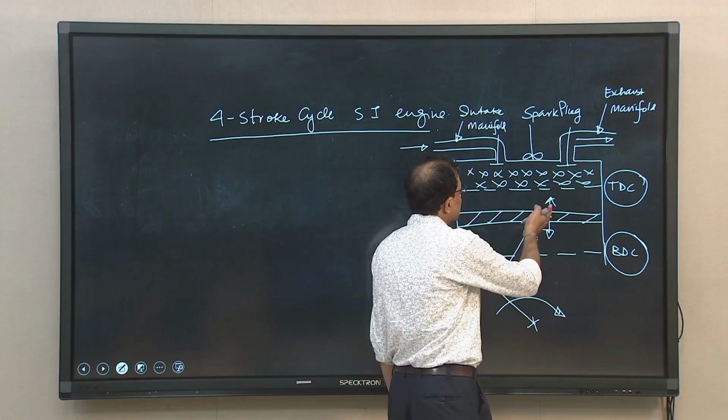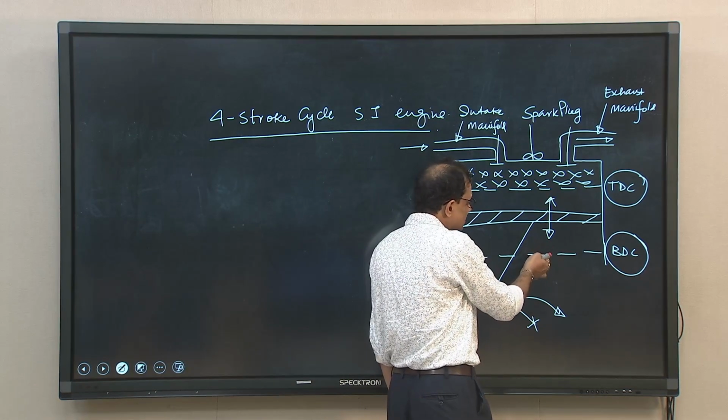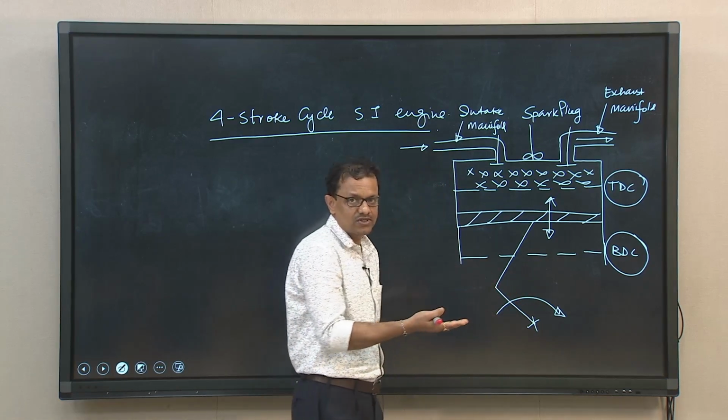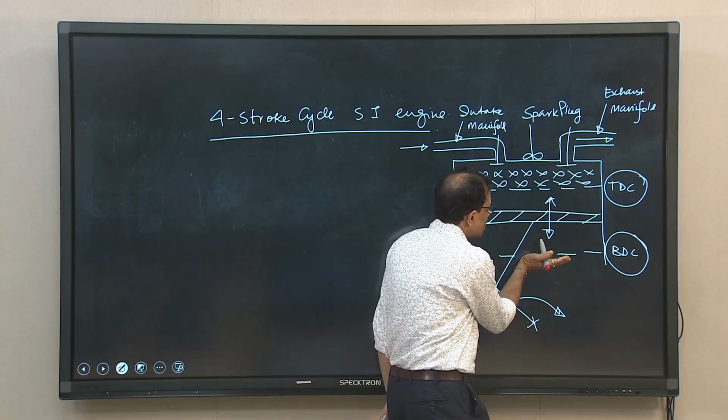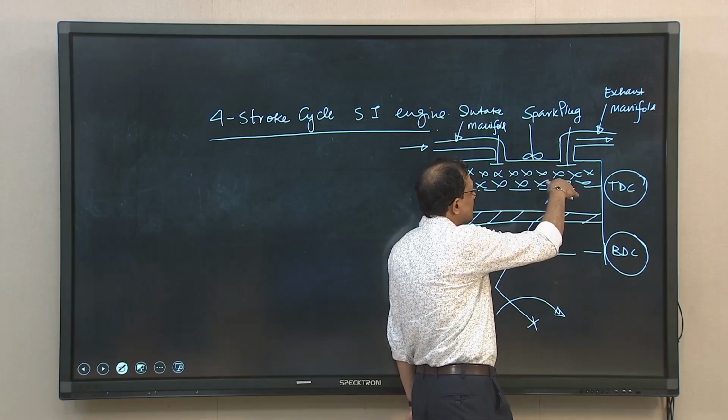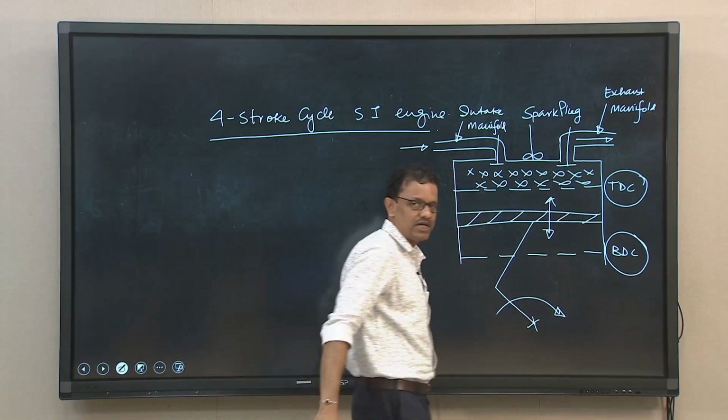And finally, when the piston reaches BDC at the end of the power stroke, the next stroke is the exhaust stroke. The piston moves up again and the exhaust valve is open, and as the piston travels, all the combustion gases leave through the exhaust manifold into the ambience.